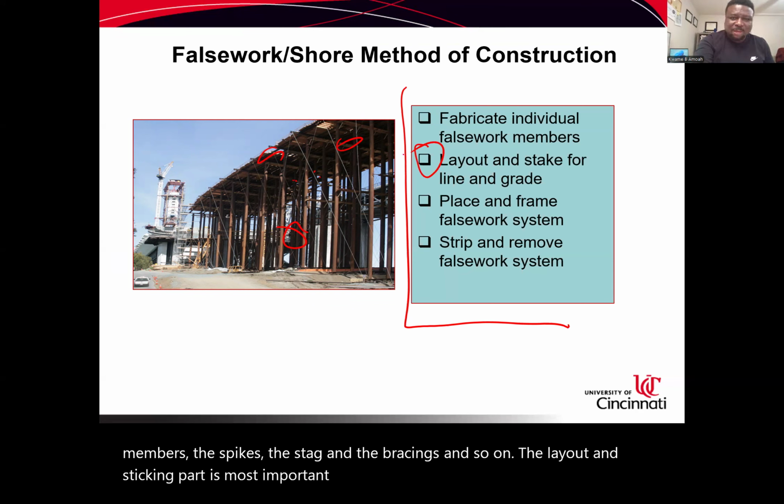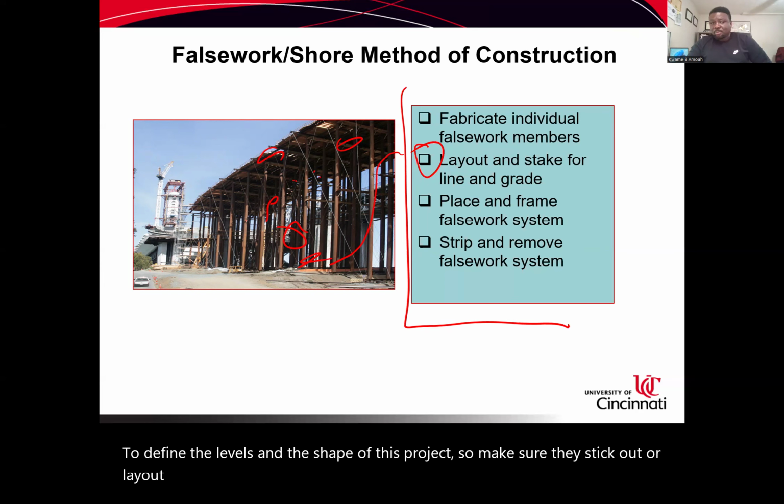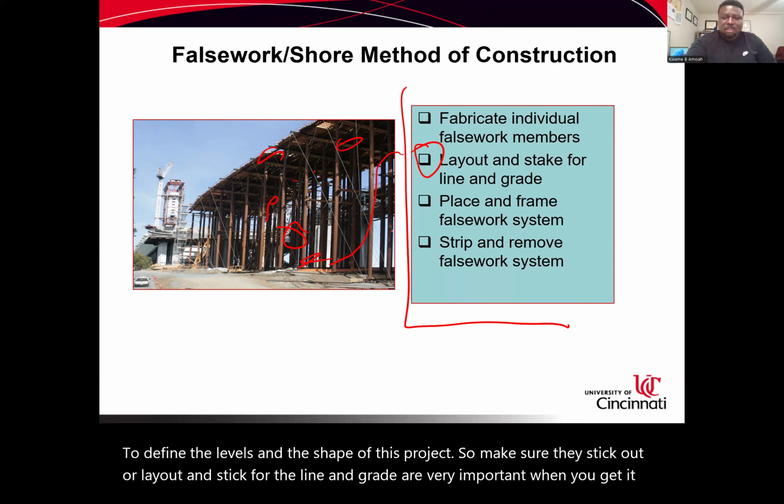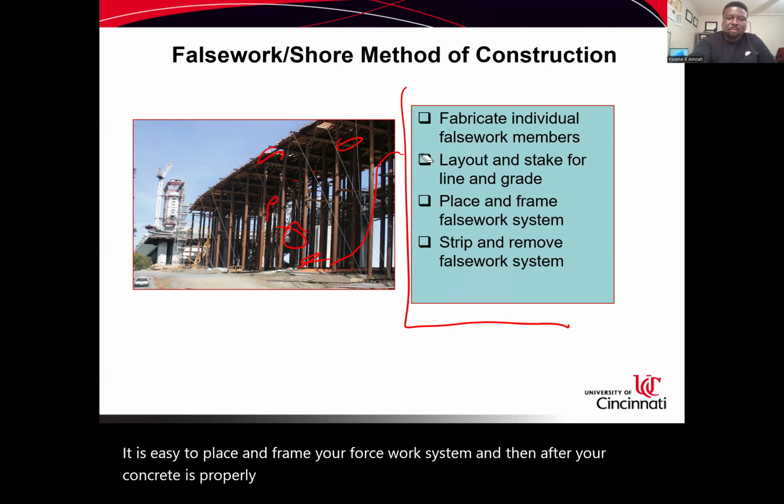It will define the levels and the shape of this project. So make sure the stake out or layout and stake for the line and grade are very important. When you get it right, it is easy to place and frame your formwork system. And then after your concrete is properly cured, you can strike it. So very important.